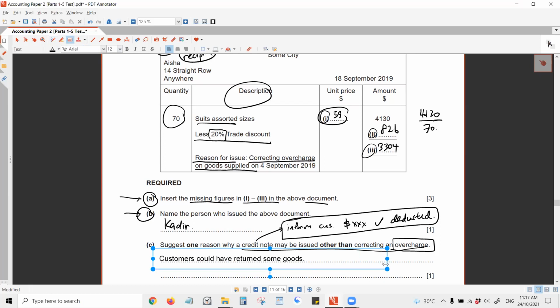After customers have returned some goods, customers should owe less to the supplier. So the supplier will send this document to inform customers. Customers will owe less.